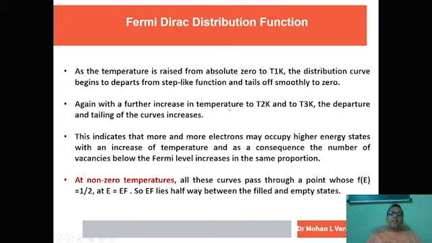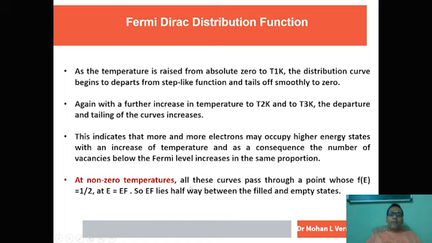With further increase in temperature to T2 and T3, the departure and tailing increase. This indicates that more and more electrons may occupy higher energy states with an increase of temperature. As a consequence, the number of vacancies below the Fermi level increases, because electrons are transferring from lower to higher energy levels. So obviously vacancies will be created in some portions of the lower energy levels.